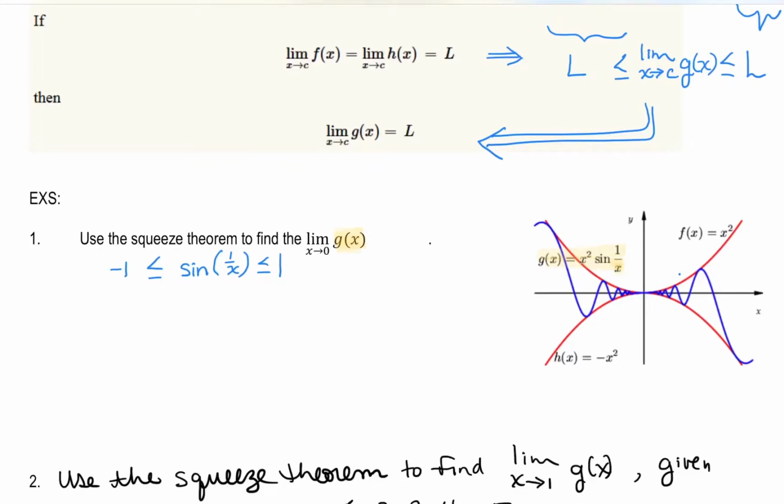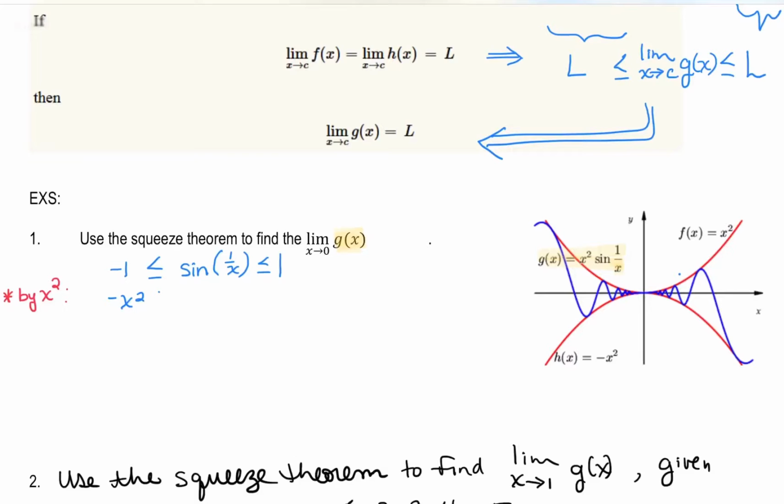Now, if that's true, then I should be able to multiply this inequality through by x squared. And so that's what we're going to do on our next step. Remember, if you were to multiply through by a negative, that would reverse your inequalities. X squared is obviously positive, so that's just something to be mindful of in general.